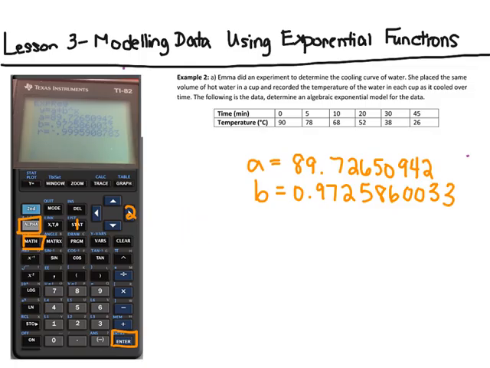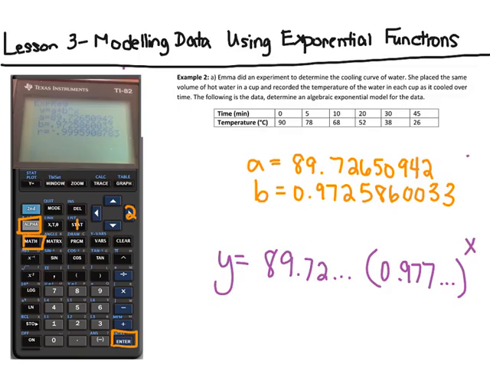So our equation would be y equals 89.72... times 0.972... to the power of x.